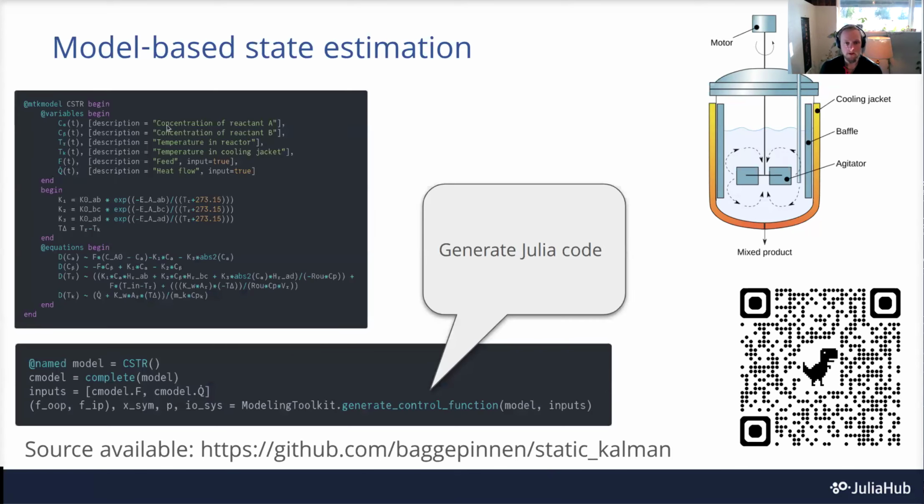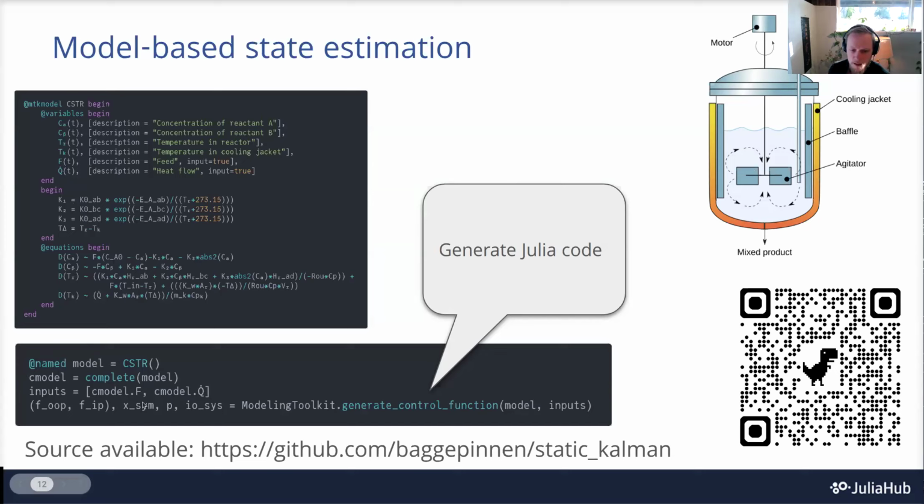So here we have the Modeling Toolkit model that defines the dynamics for this system. It defines a number of variables and a number of intermediate expressions and then a number of equations. We have 4 equations here, 4 state variables, and 2 input variables. Then I instantiate the model as a Julia object.